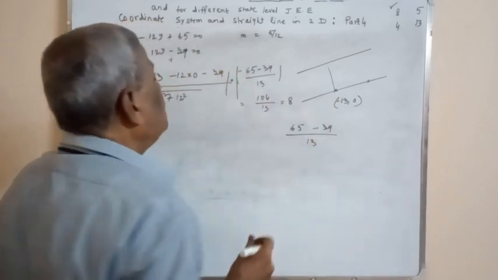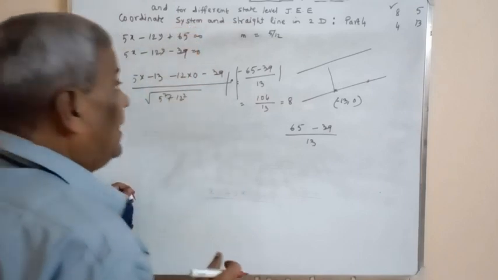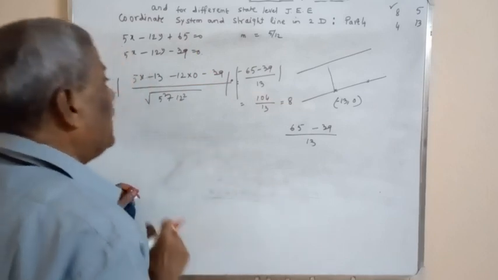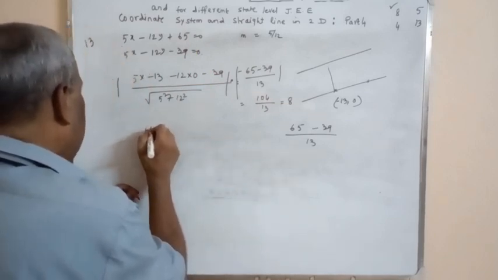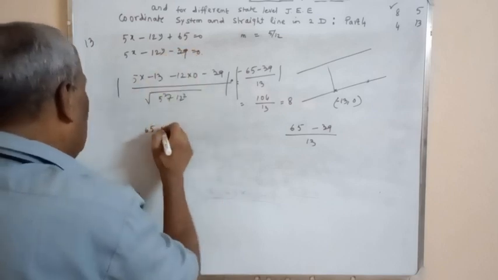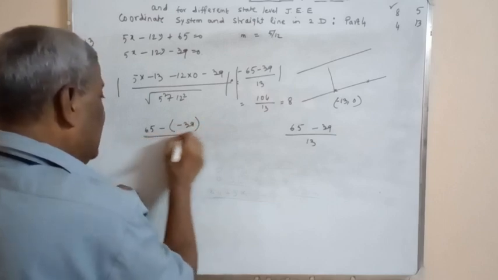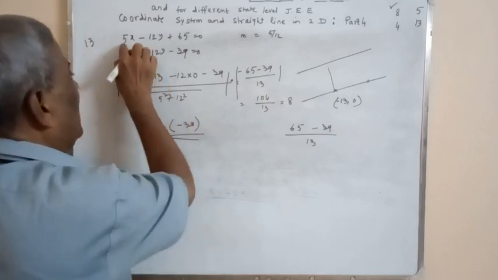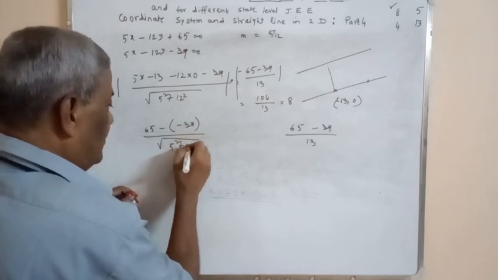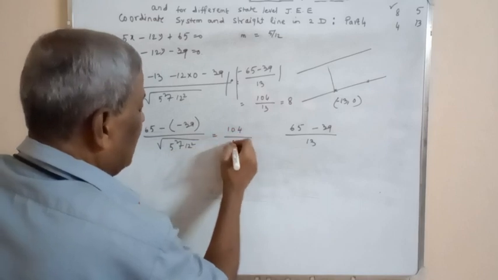If they are of opposite sign, as in this case, then we can obtain the distance by 65, and because it is negative, minus of minus 39, divided by root over of 5 square plus 12 square. That is 104 by 13.